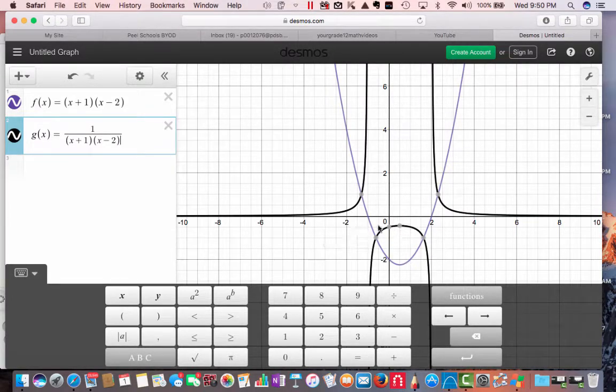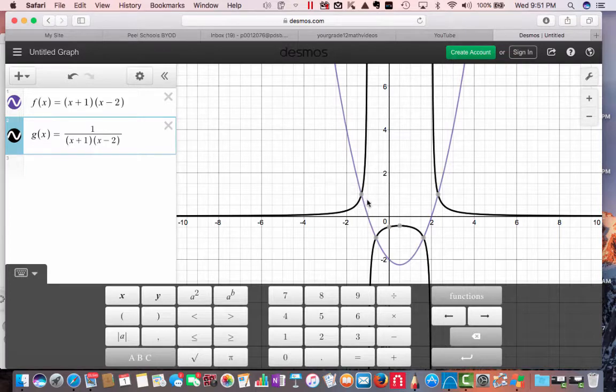So as you can see here, at -1, the 0 of the quadratic, you get a vertical asymptote. Also at 2, the other 0, you get a vertical asymptote.